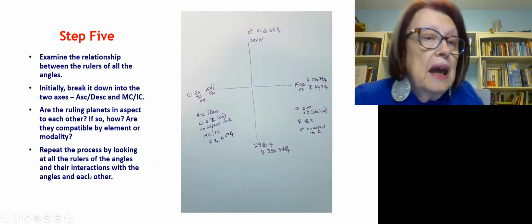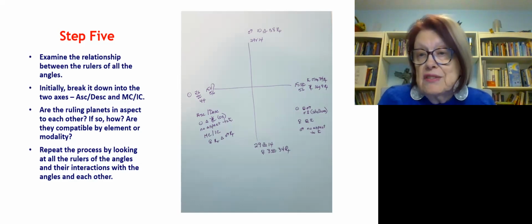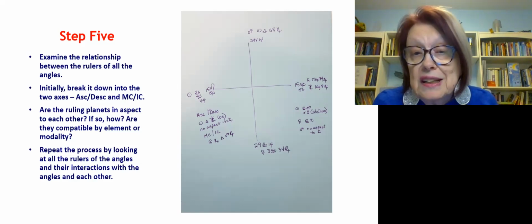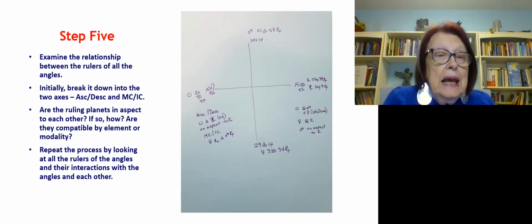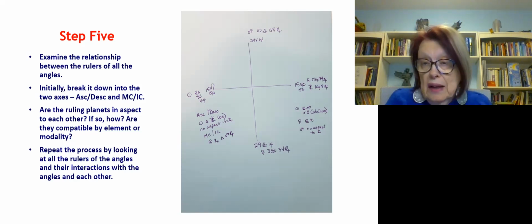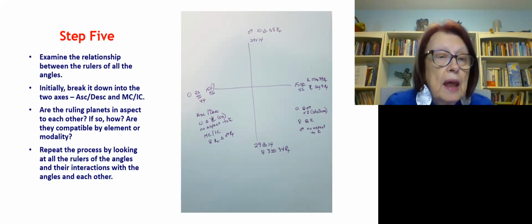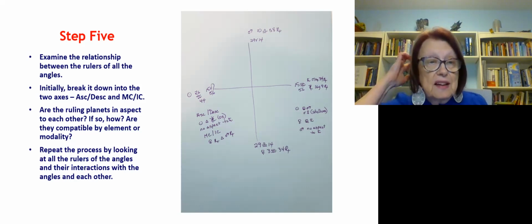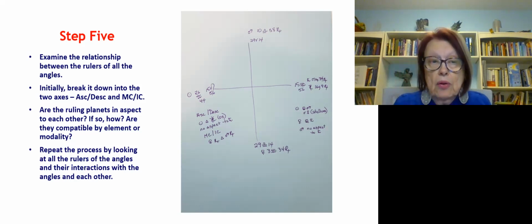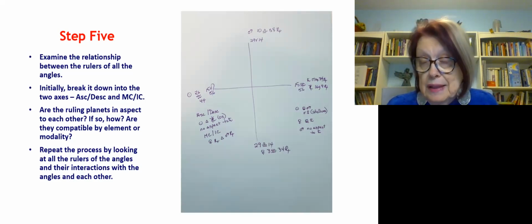Step 5, examine the relationship between the rulers of all the angles. Now we're starting to get a little more complex. Initially, break it down into the 2 axes. Are the ruling planets in the axes aspecting each other? If so, how? Are they compatible by element or modality?